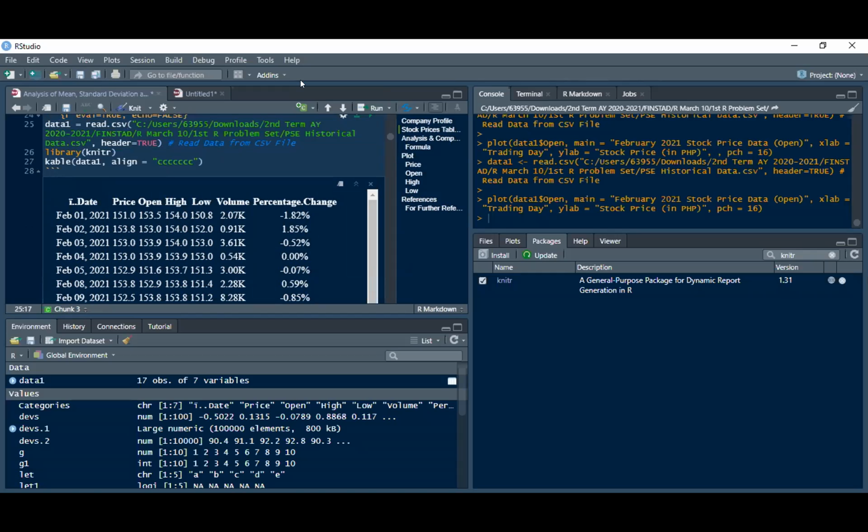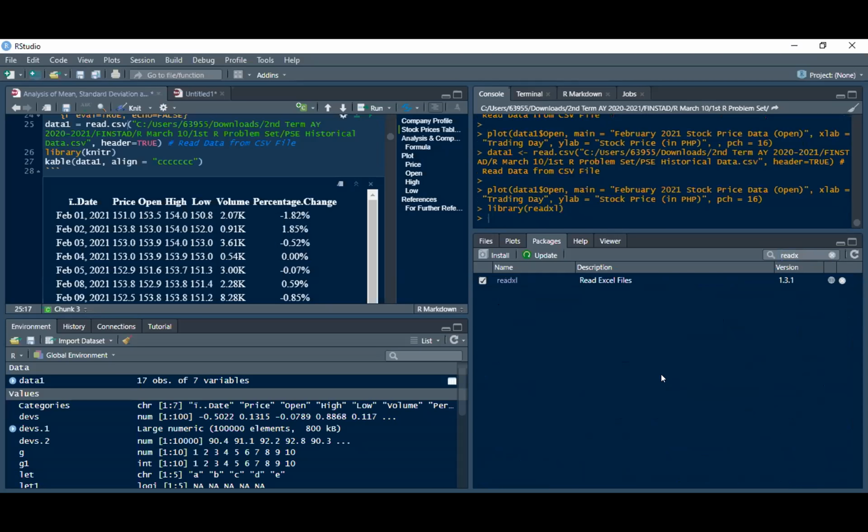Dapat may package kayo. Guys, pag Excel file kunyari ang ibabasahin nyo, no? May nag-answer ba? Yeah, correct. Thank you, Dan. Subukan mo i-install, Arnel. Install, lagay mo, readxl. Ayan. Ito yung package na kailangan naka-install if you're going to read from an Excel file. Otherwise, kung hindi naka-library yan, kung hindi naka-require, mag-error pag binabasa natin yung Excel file.